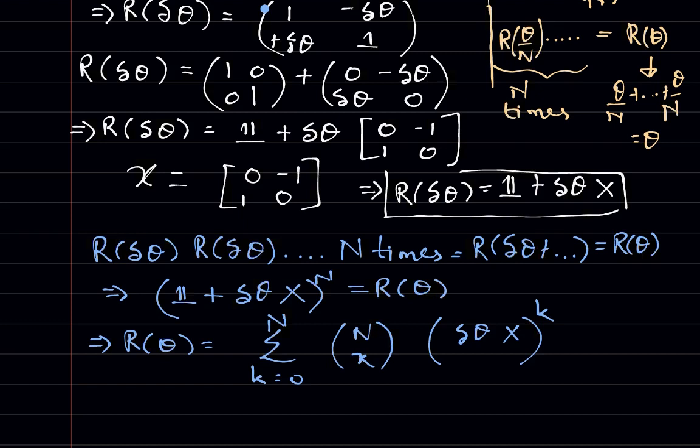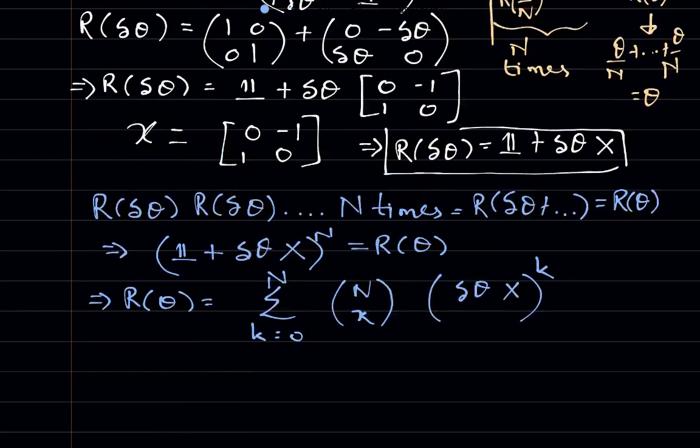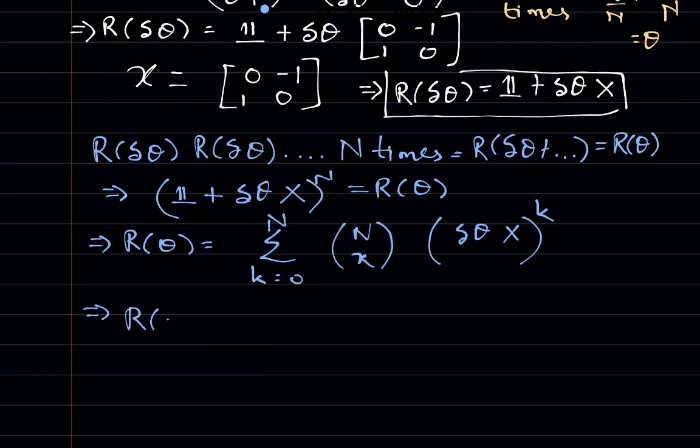I hope I am correct. This is very simple mathematics, nothing interesting here. Always when I write delta theta, you can think of delta theta as theta divided by n, with the limit n tends to infinity. If you look at this expansion, I see that for n tends to infinity, you are going to get the following thing.